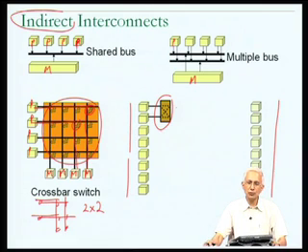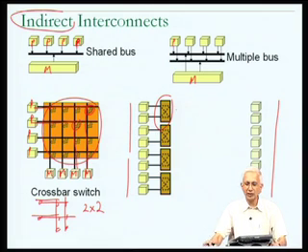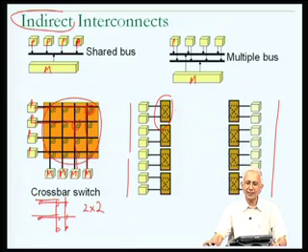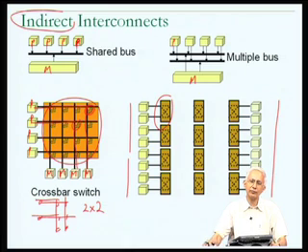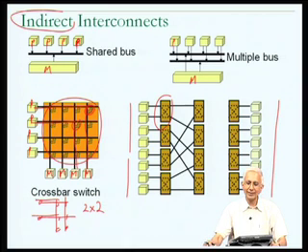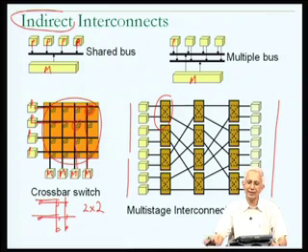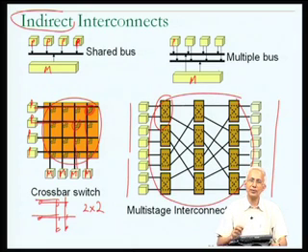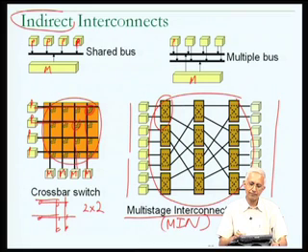So if I connect the 2 inputs to 2 of the processors, and I have a larger number of such 2x2 crossbar switches, and at the other end I have crossbar switches which connect to the actual memory modules, then with an intermediate layer of 2x2 crossbar switches which are connected both to the switches on their left and the switches on their right, by appropriately setting all of the crossbar switches which constitute the multi-stage interconnection network, which is often abbreviated to MIN, I can actually provide connections between each of the 8 processors to 8 distinct memory modules at the same time, and therefore very good memory bandwidth at much less complexity in terms of the number of cross points as compared to the crossbar switch.